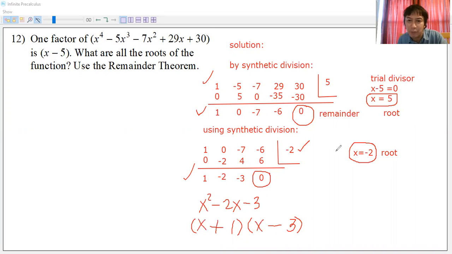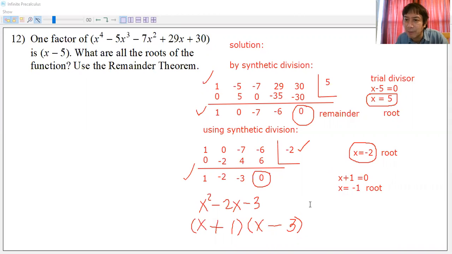So we can now solve for the other roots. We can make use of the x plus 1 factor. x plus 1 is equal to 0, and x is clearly negative 1. And this is also a root.